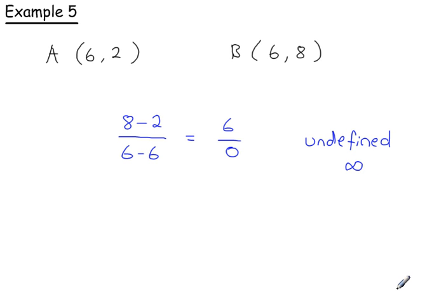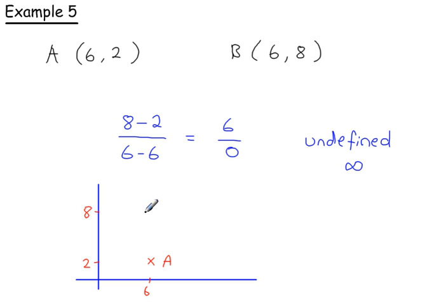So what does that mean then if a gradient is undefined? Let's have a look at this graphically. The point A, coordinates 6, 2. So let's say that's 6 there, and that's 2. So this is point A. And point B, coordinates 6, 8.